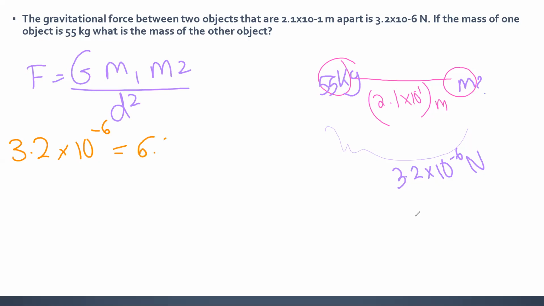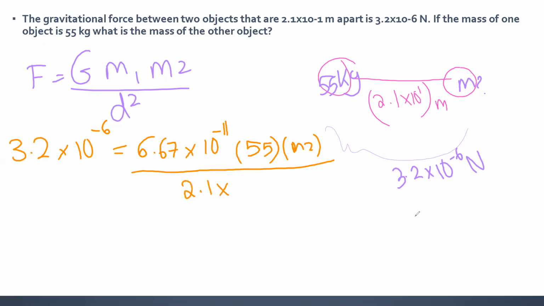It's 6.67 times 10 to the power negative 11. Now what is M1? 55. What is M2? Unknown. And what's the distance between them? 2.1 times 10 to the power negative 1, squared.